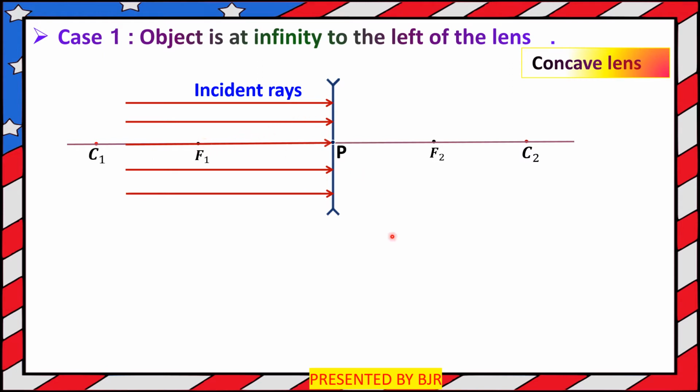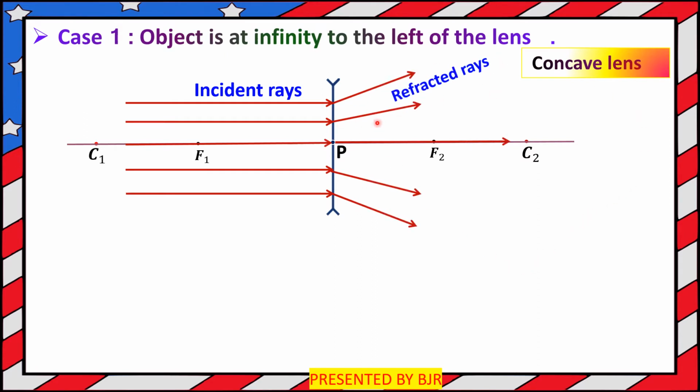So this ray gets refracted like this, and the second ray gets refracted like this, and the third ray is passing along the principal axis. That's why it is undeviated, and this ray will get refracted like this. These are the refracted rays.